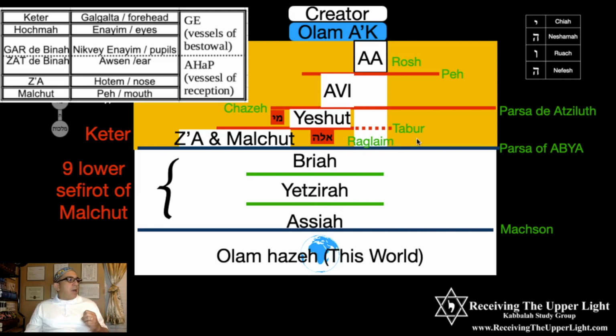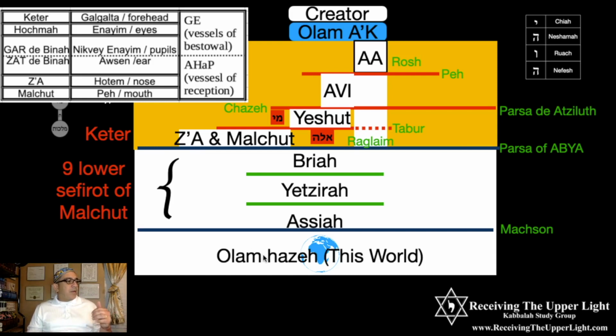This can only happen when the light of Hochmah given by Abba Ve'Ima through Yesod is then transferred to Zeir Anpin and Malchut. Zeir Anpin then has what is called a zivug. A zivug is like a coupling, a union with its Nukva, which is Malchut, and there these souls are created, and that's what we call the souls of the righteous in the world of Beria. Then below here, you're going to have another world, which is called the Olam Hazeh, this world.